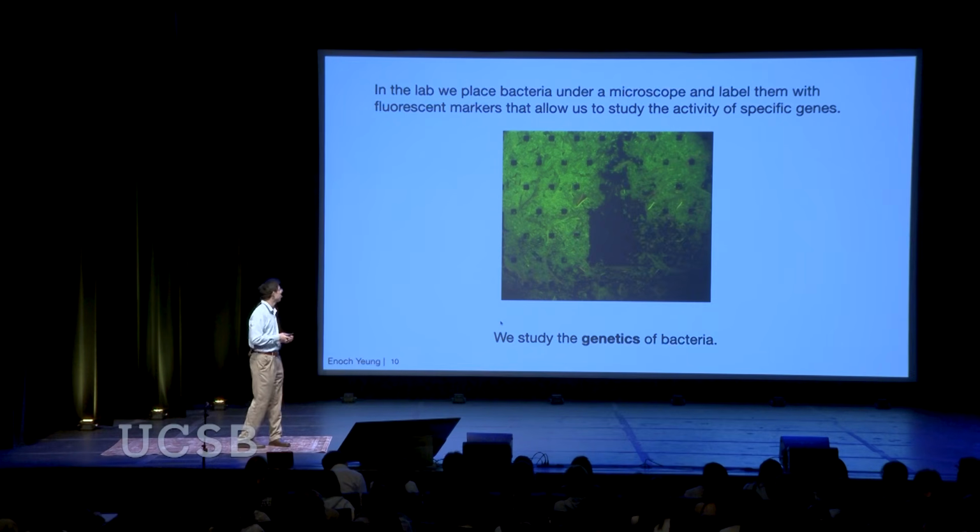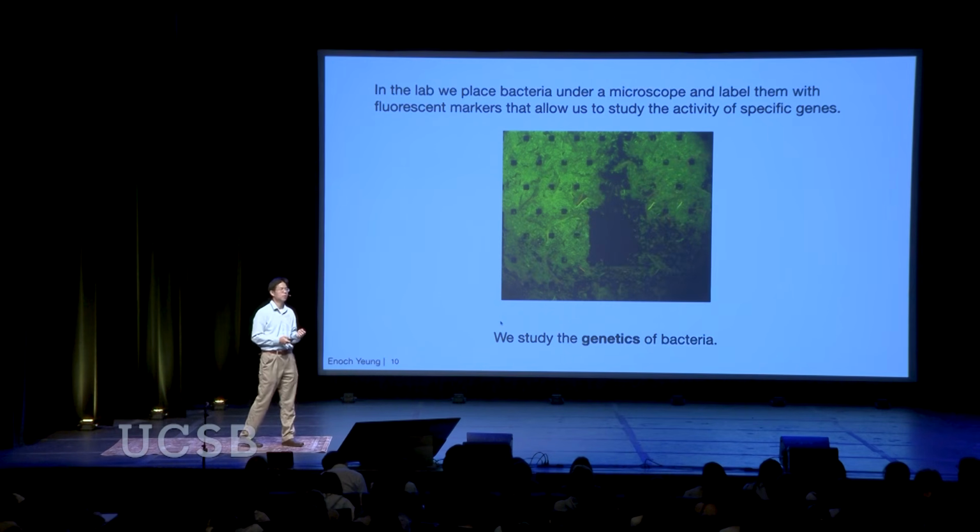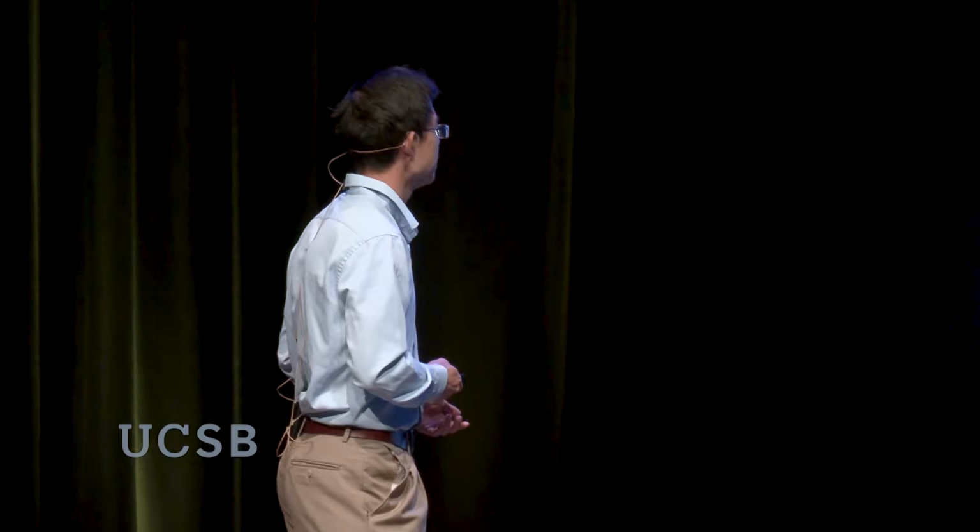So what we have done here is we have labeled two genes. One gene is associated with biofilm formation, and the other is an ancillary gene that is opposed to biofilm formation in bacteria. I'll talk about biofilms in a second. But the point is, we study the genetics of bacteria.